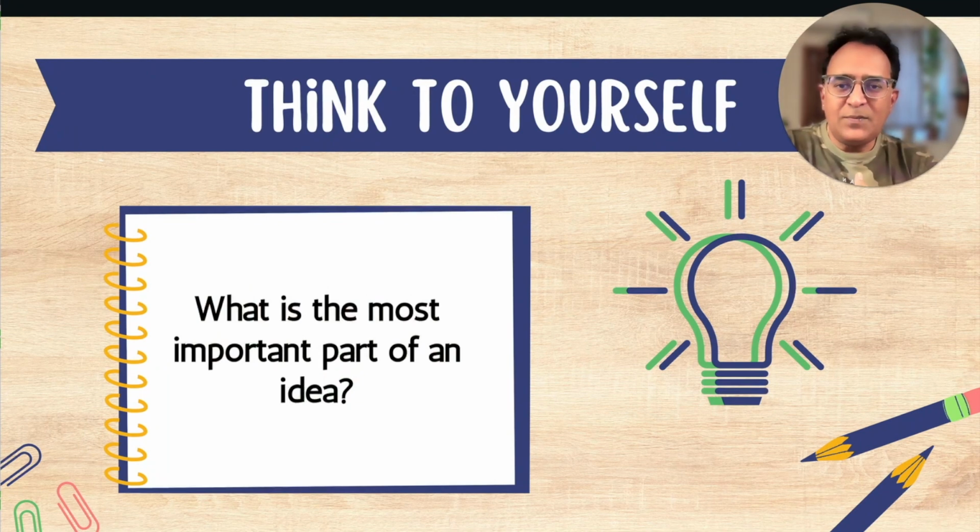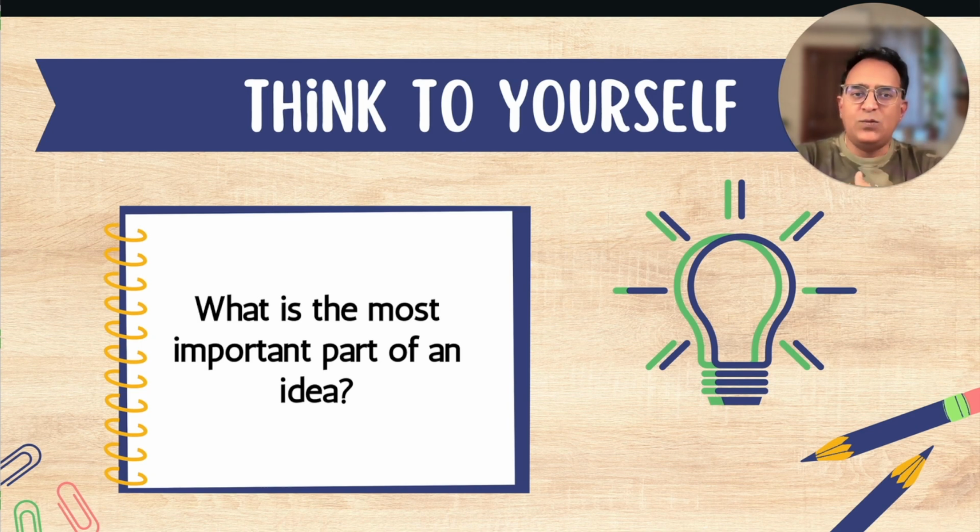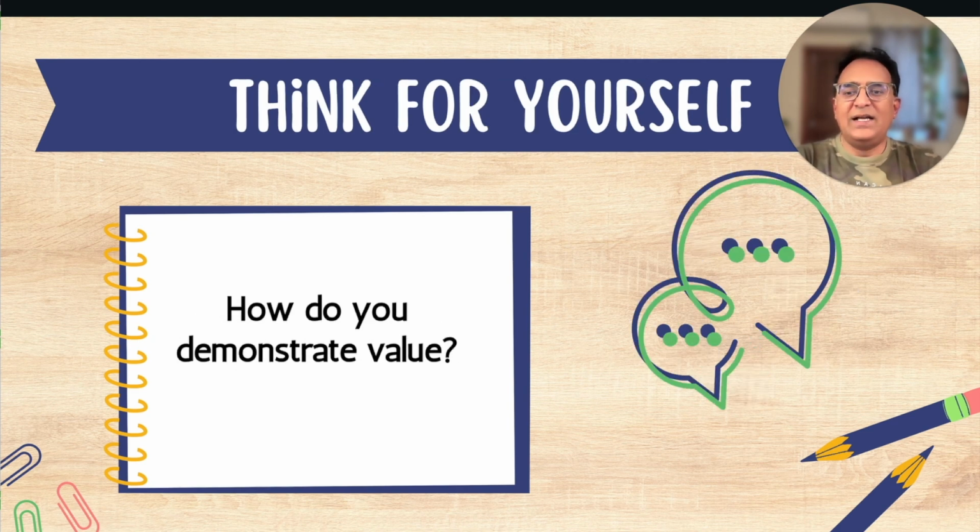Now, when it comes to these aspects, it is very important for you to identify your target customer and start looking at how you're going to message. Now, going on to the next one, how do you demonstrate value? After you identify your ideal customer, then you start thinking of the value proposition of how you're going to communicate.